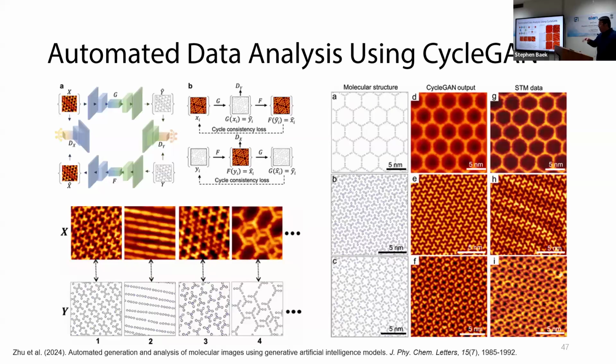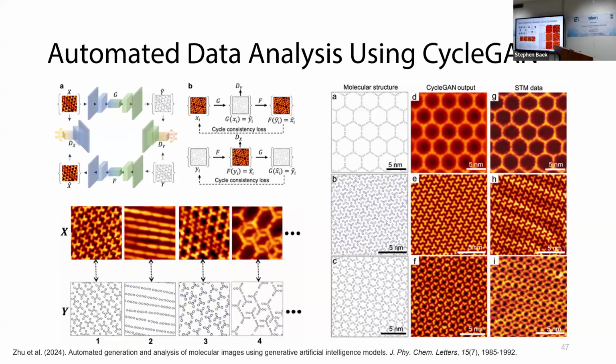This is kind of an automatic data analysis framework, where again the cycle GAN is trained on an unpaired set of images. On one side, instead of horses now, we have microscopic images. And on the other hand, instead of zebras, we have the molecular drawings.